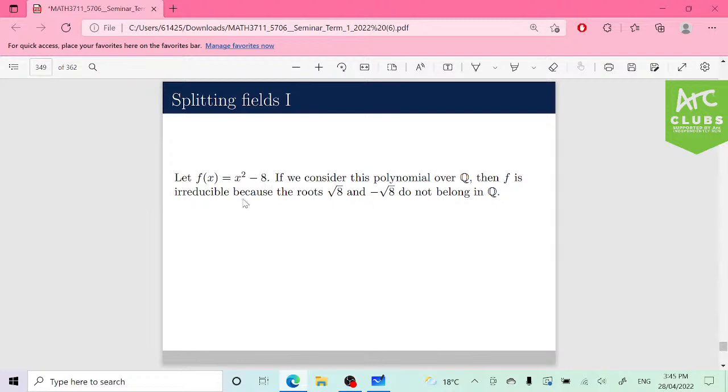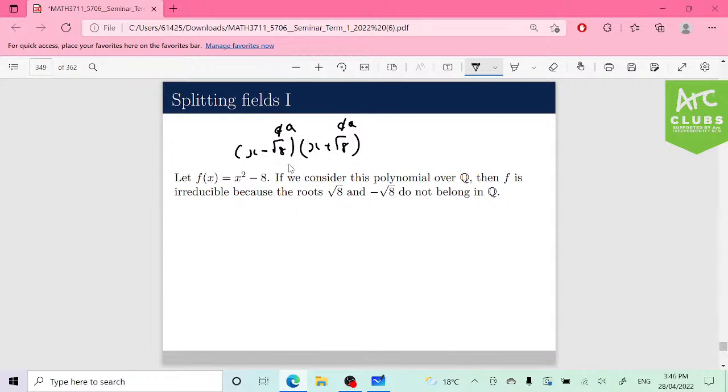If we look at this polynomial over the rationals, then f is irreducible, right? Because if we try to write this as a product of linear factors, then what we end up with is x minus root 8 and x plus root 8. But neither of these things belong in Q.